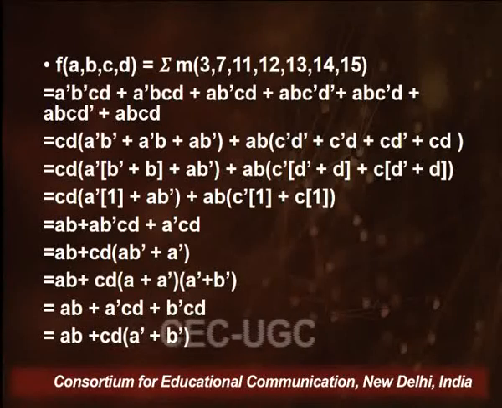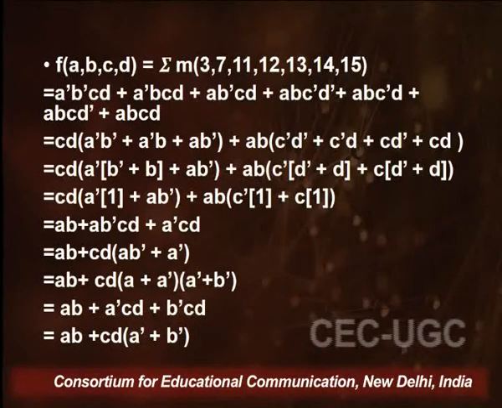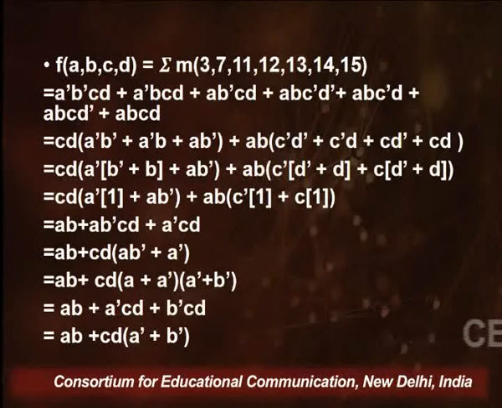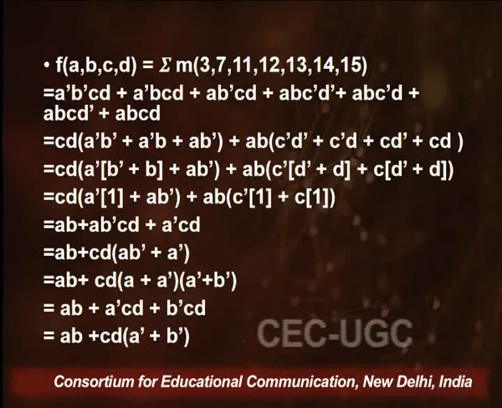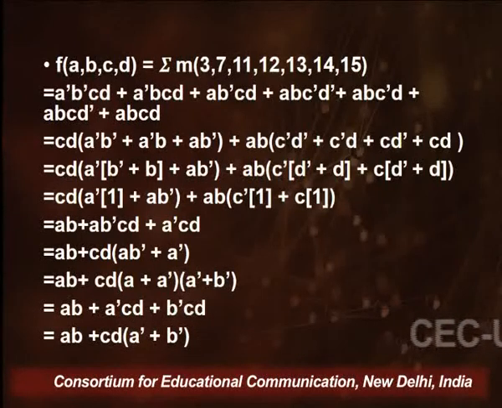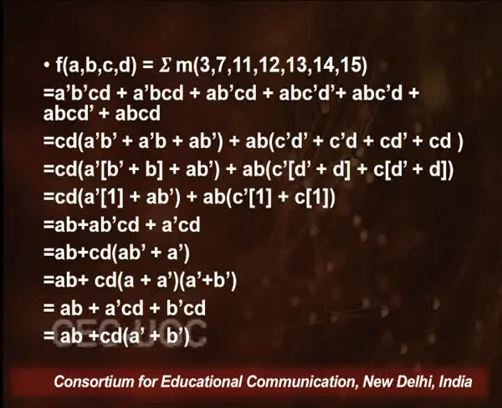The next line, the B' + B can be replaced by a 1. Similarly, D' + D can be replaced by another 1 in both these terms. So, we have a simpler form of AB + AB' CD + A' CD. Now, again, a CD can be taken out common from the last two terms.